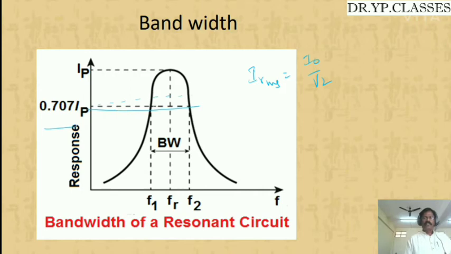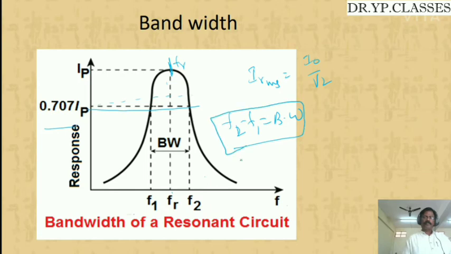The first one is F1, another one is F2, and the maximum point corresponds to FR, the resonant frequency. The difference F2 minus F1 is nothing but the bandwidth. The difference between the lower frequency and the upper frequency is what is called the bandwidth.